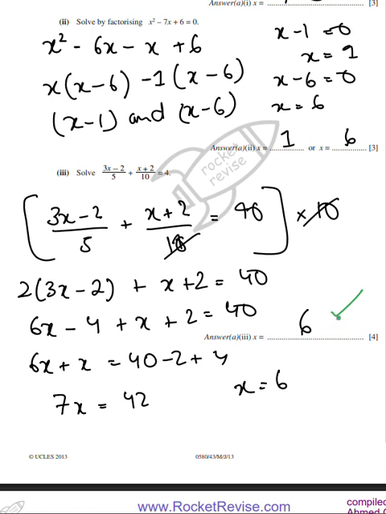And you can literally put in the value of 6 in this equation to check, and you'll get the answer 4. Let's solve one more question, then we'll call it a day. We'll have one more past paper session like this, okay?